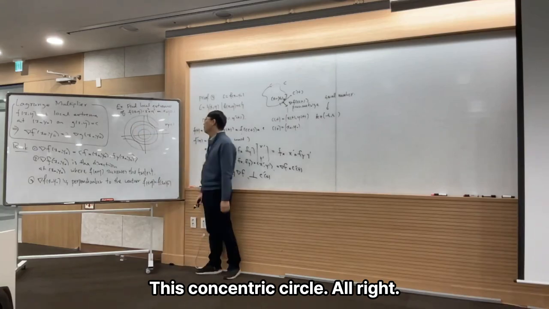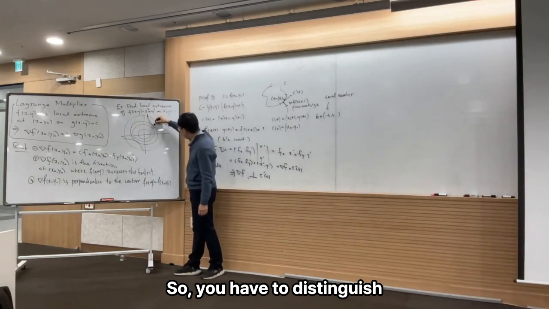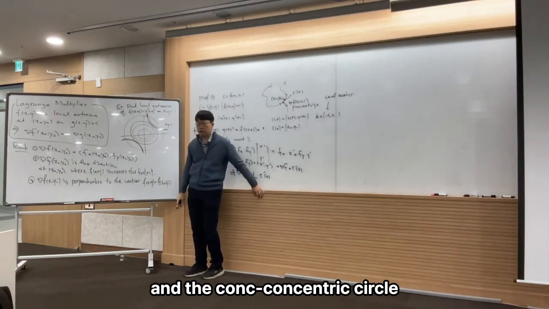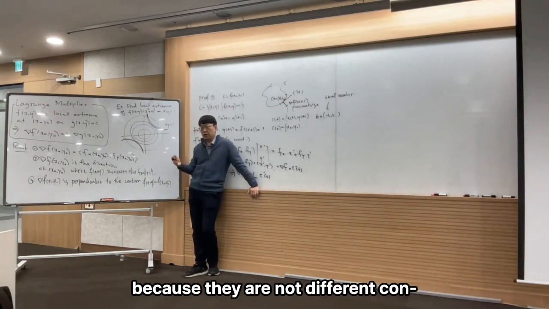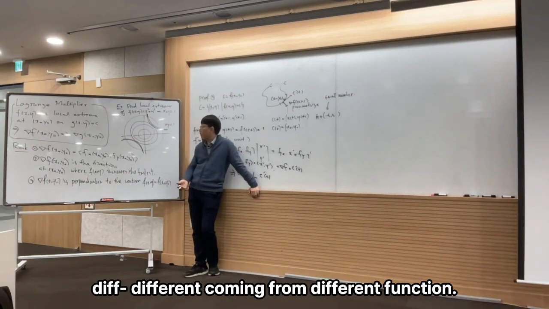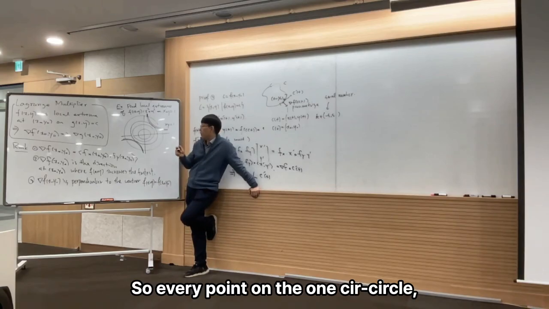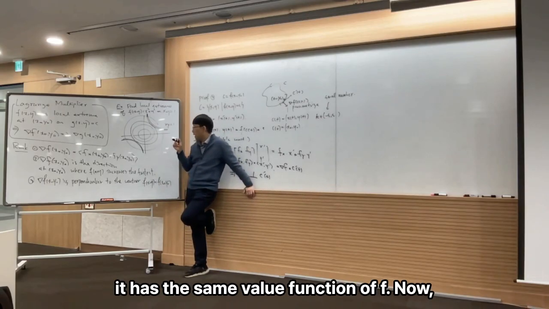Right? So you have to distinguish these lines and the concentric circles, because they don't come from different functions. Each concentric circle gives you the value of the function f, the target function, right? So every point on one circle has the same value of the function f.